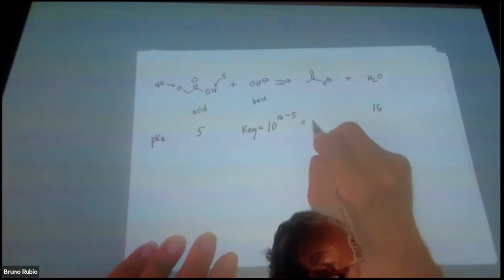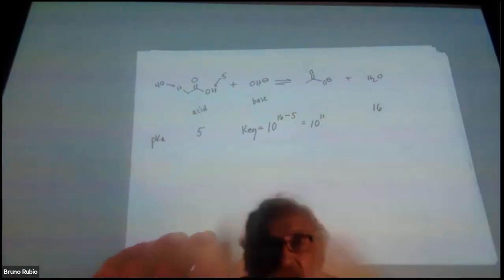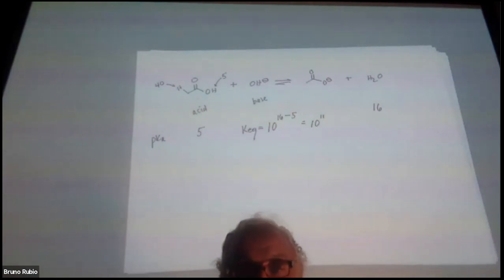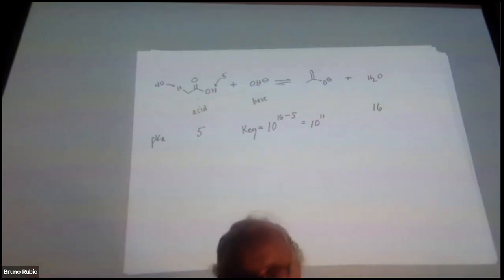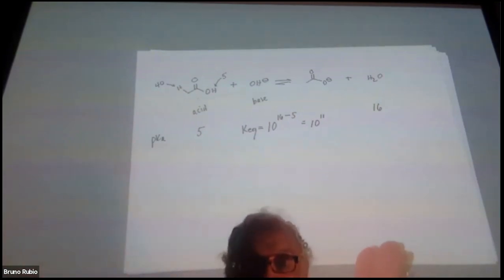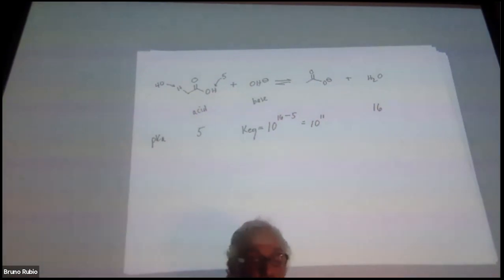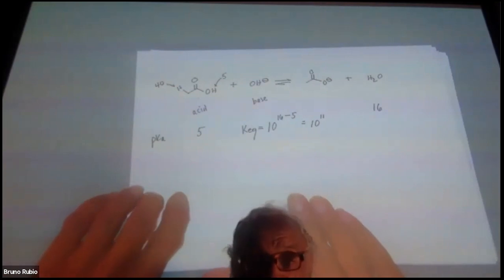And so 16 minus 5, that's 10 to the 11th. Oh, that is a whopping huge equilibrium constant. So when I mix a carboxylic acid with hydroxide ion, I'm going to get a 100% yield of product formation, right? Because that is a huge equilibrium constant.